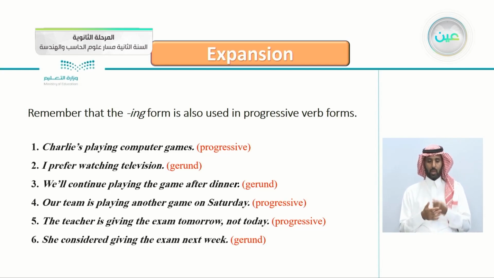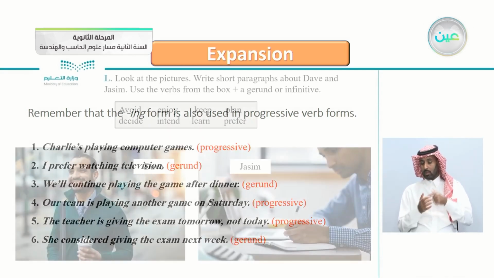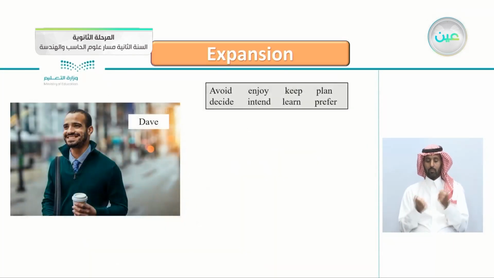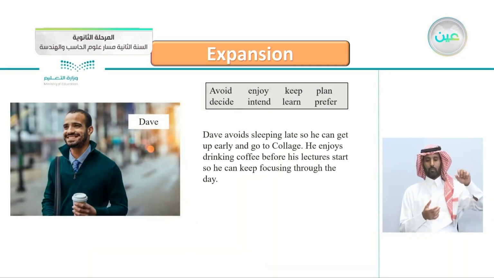Our team is playing another game on Saturday. This is a progressive. The teacher is giving. This is a progressive also. She considered giving the exam next week. This is a gerund.